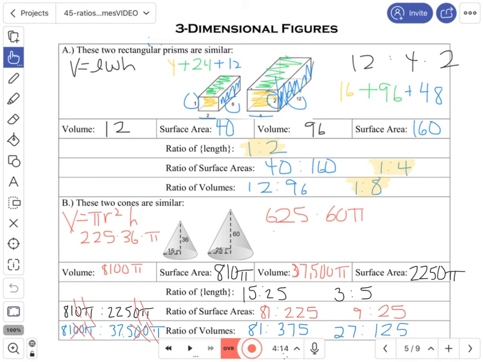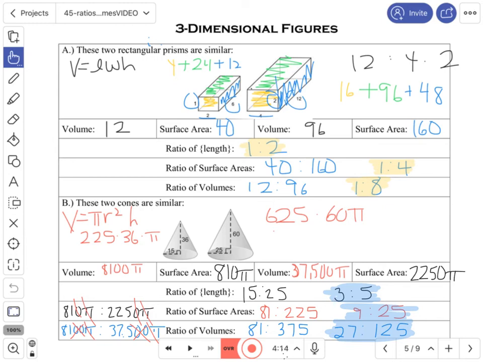Okay, let's take our highlighter and highlight our important ratios here. So the lengths, we have 3 to 5. The areas is 9 to 25. And the volumes, we have 27 to 125. So let's see if we can make some observations here. This time, none of them ended up being the same, right? We didn't have any that the ratios were the same as the ratios of the lengths.